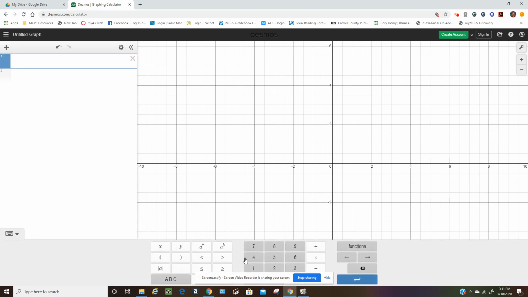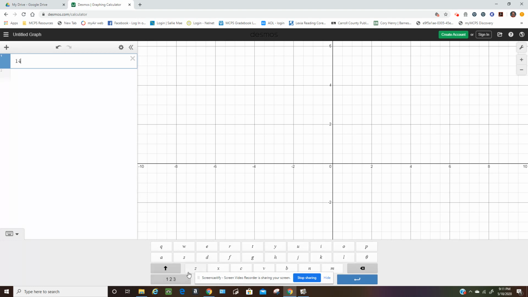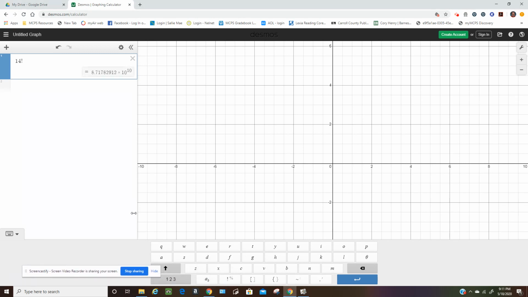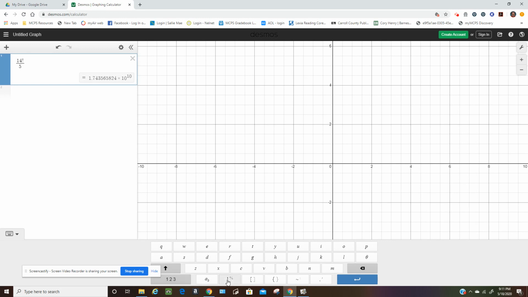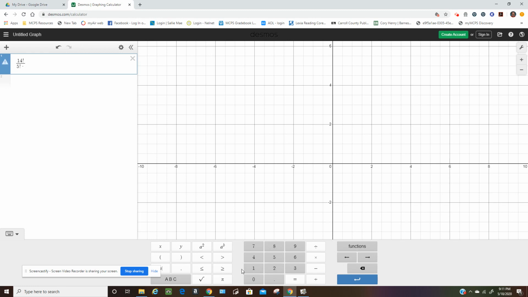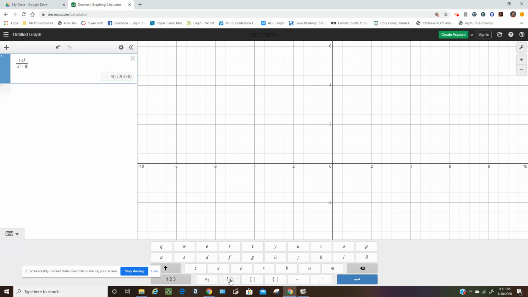So 14 factorial divided by 5 factorial times 9 factorial is 2002.